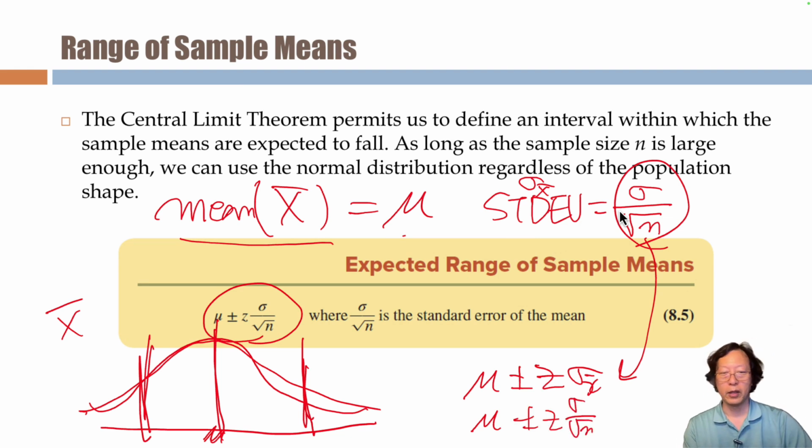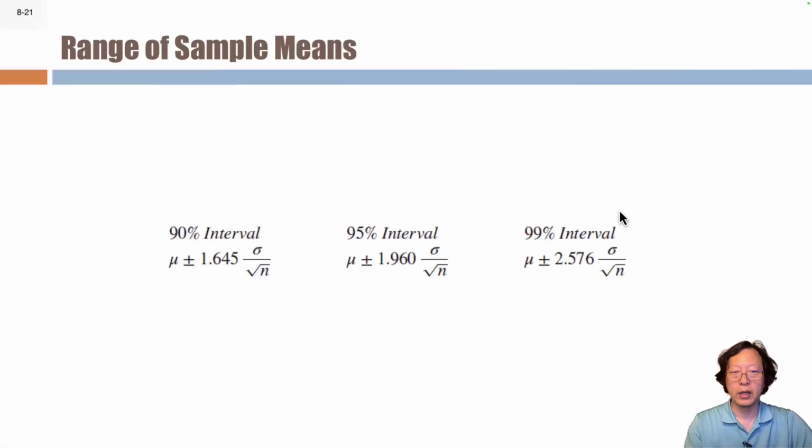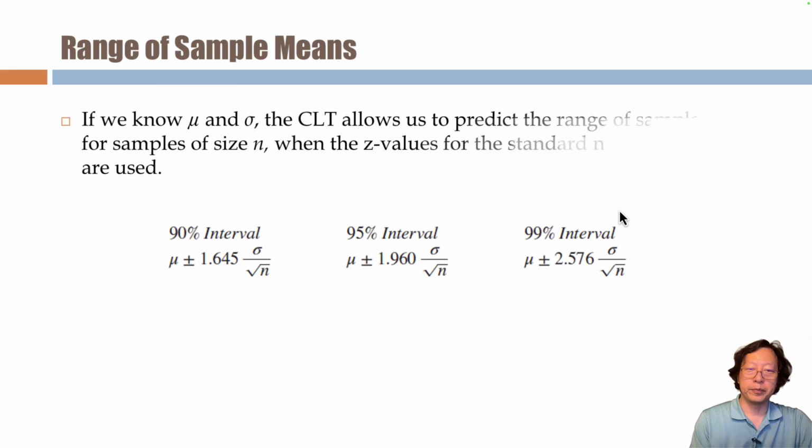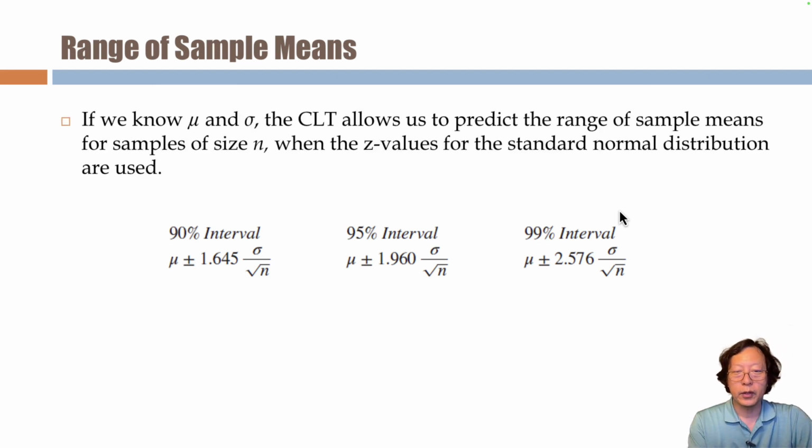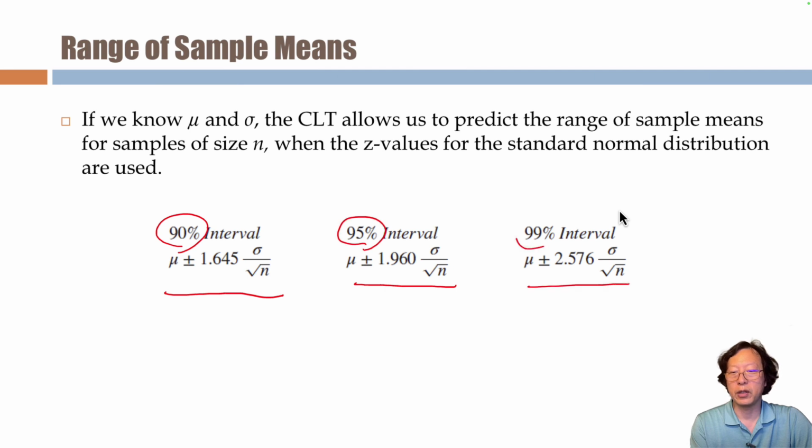We will talk about the z here a little bit more. If we know the population mean and population standard deviation, then we can predict the sample mean will be within this range with 90%, within this range with 95%, within this range with 99%.